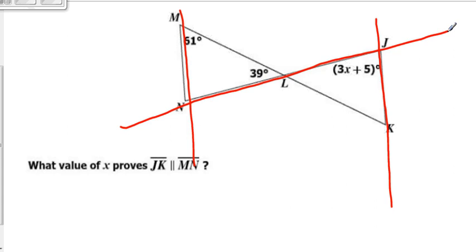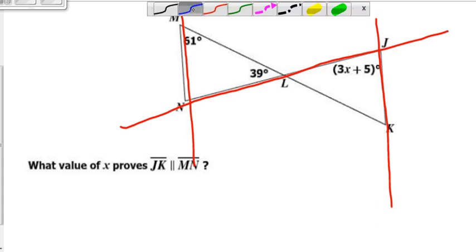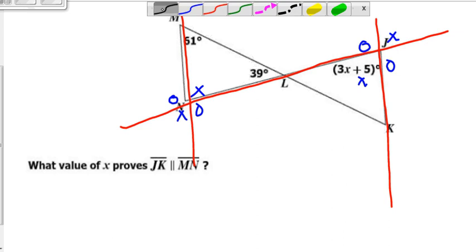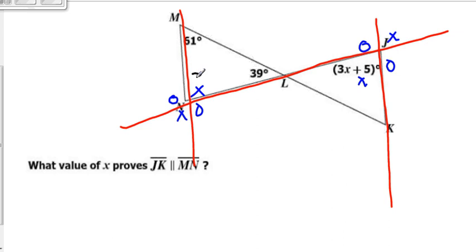So if that's the case, and I put in my X's and O's in here, I realize that this X and this X are the same. So really, over here, I can fill out that this angle X is 3X plus 5.